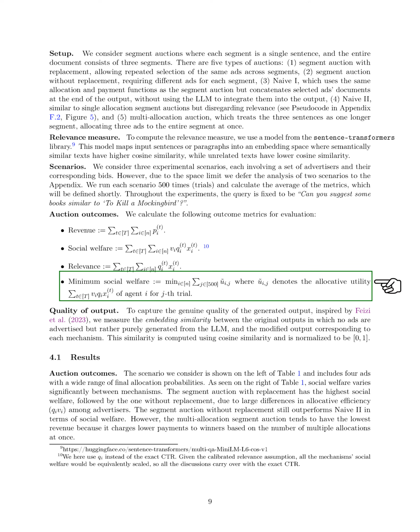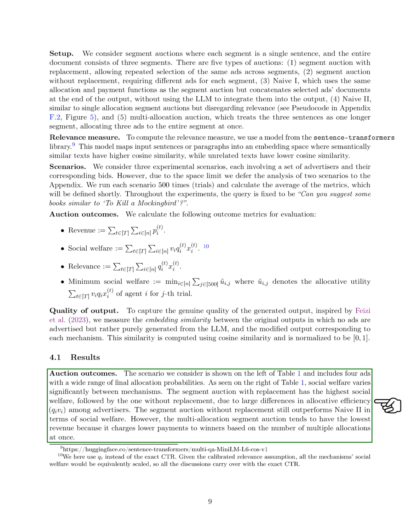Section: Quality of output. In this section, we measure the similarity between the original outputs generated solely from the LLM and the modified outputs for each mechanism using cosine similarity. This similarity is normalized to a range of 0 to 1. When looking at auction outcomes, we consider a scenario with 4 ads having different probabilities of being allocated.